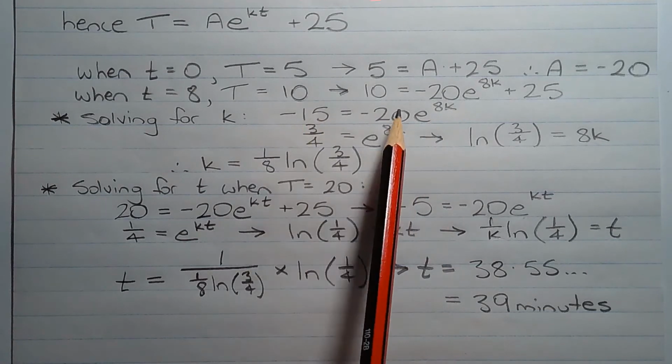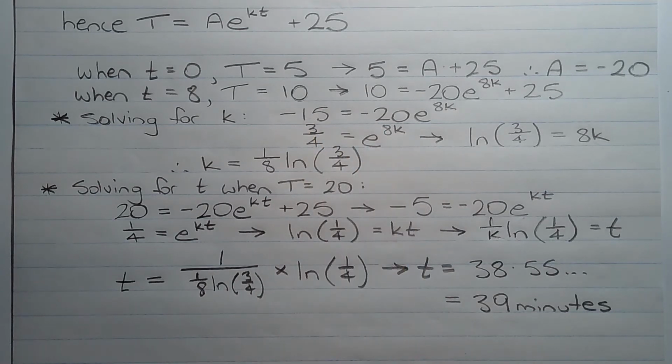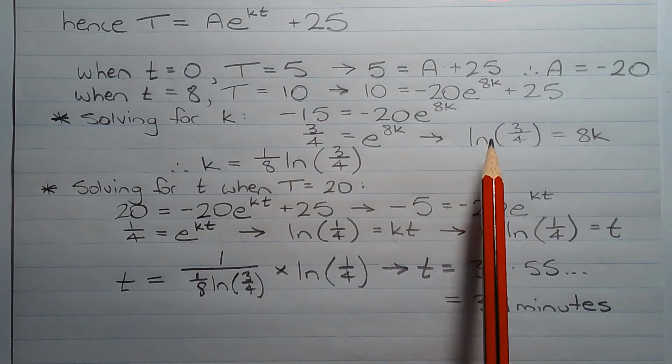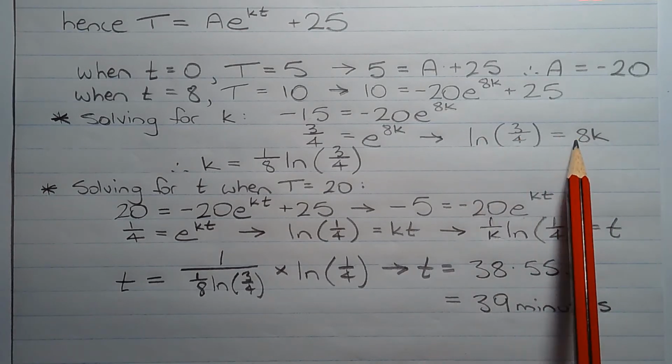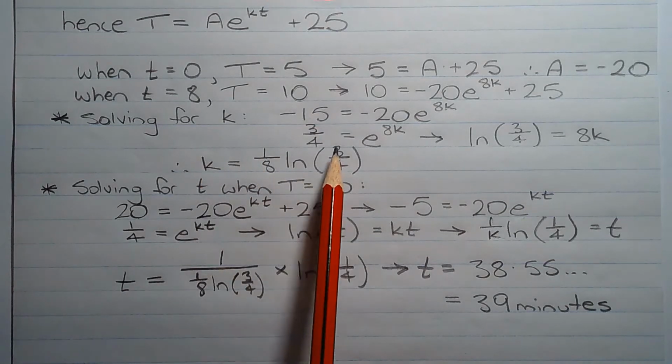Dividing both sides by negative 20, we get 3/4 is equal to e to the power of 8k. And taking the natural logarithm of both sides, we get ln of 3/4 is equal to 8k. Finally, dividing both sides of this equation by 8, we get k is equal to 1 over 8 multiplied by ln of 3/4.